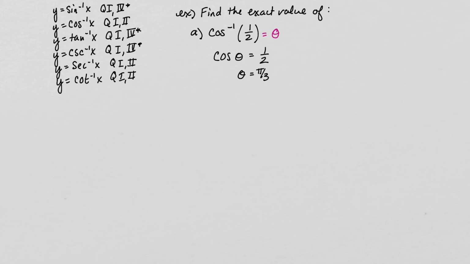So the general thing is, my steps are: rewrite as trig without the inverse. Then look up what quadrants to look in.